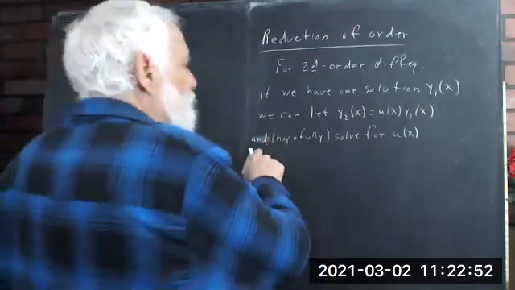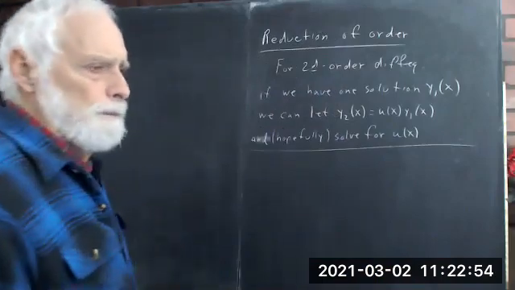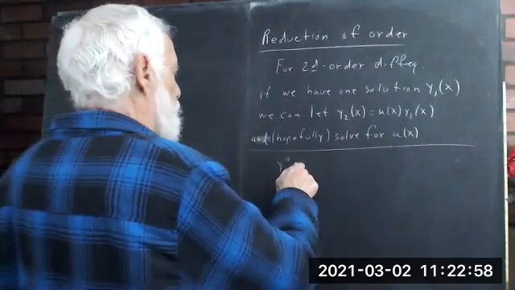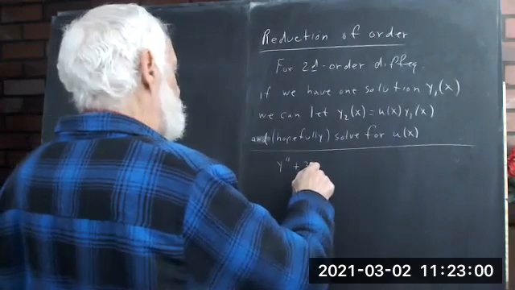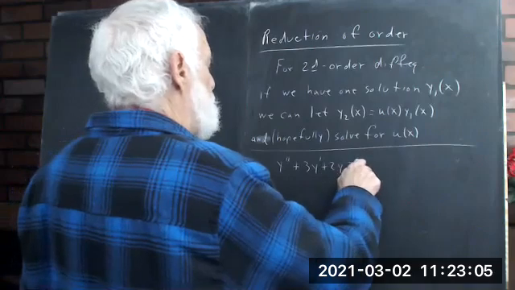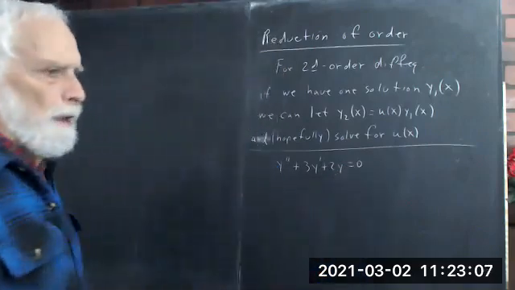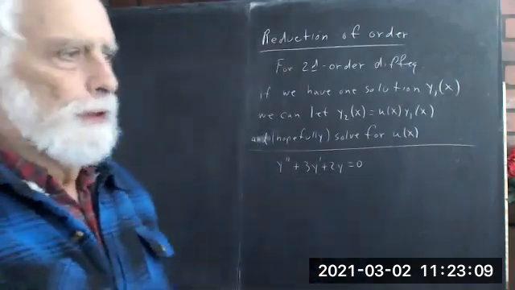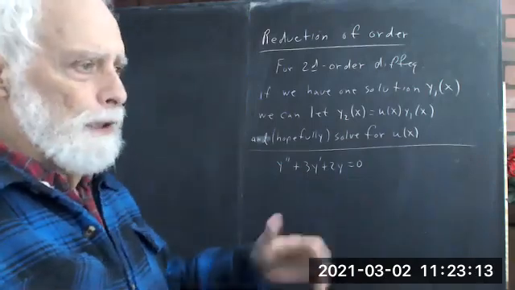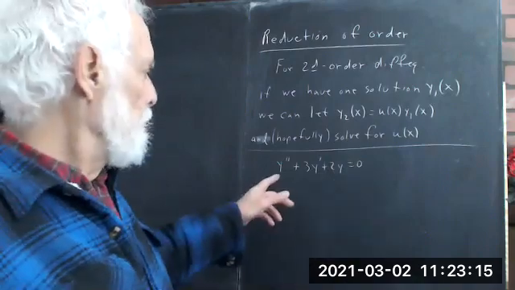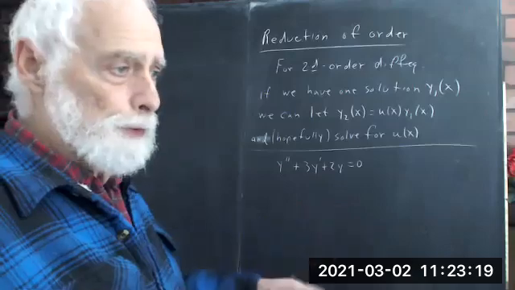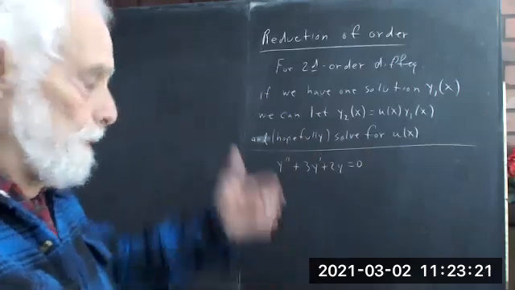Okay, just to illustrate a simple equation. Now, we can easily find both solutions of this equation just using the method that I sketched last time, that y equals e to the rt, you get the equation r squared plus 3r plus 2 equals 0.